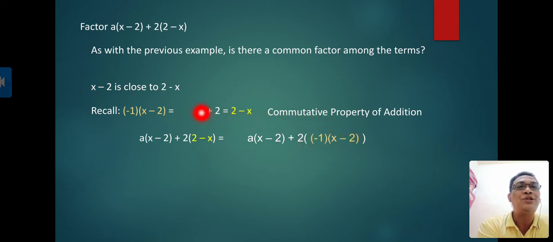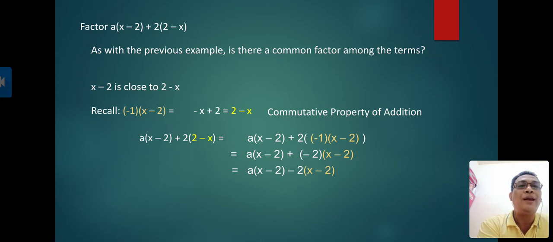We substitute the equivalent of 2 - x, which is negative 1 multiplied by x - 2. So a(x - 2) + 2 multiplied by negative 1, that will be negative 2, times (x - 2).